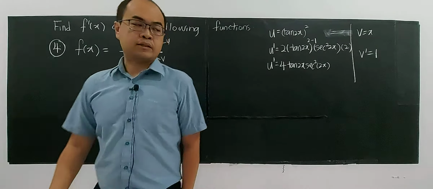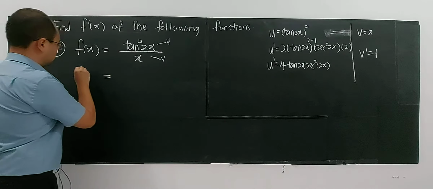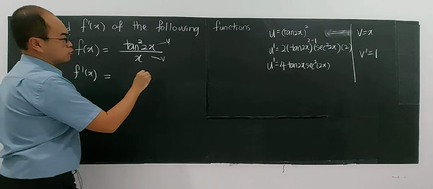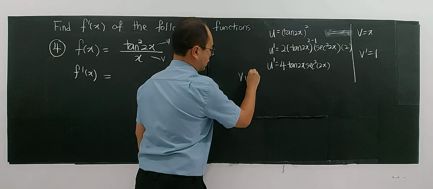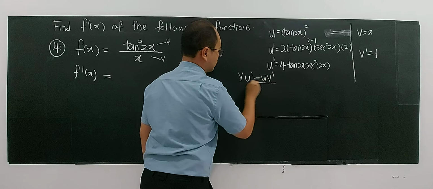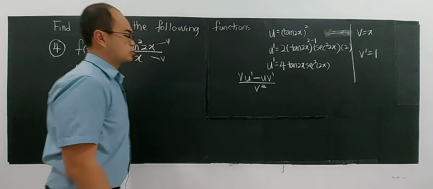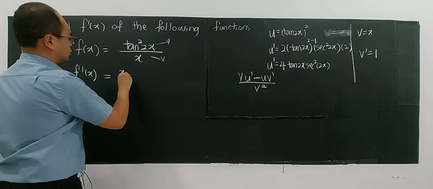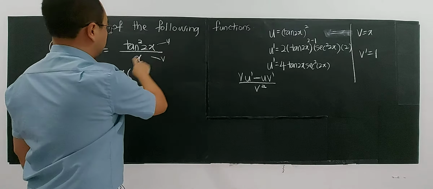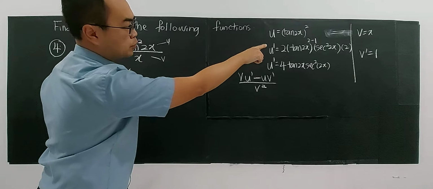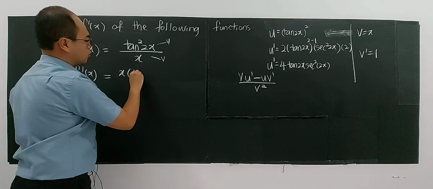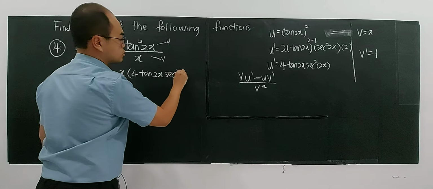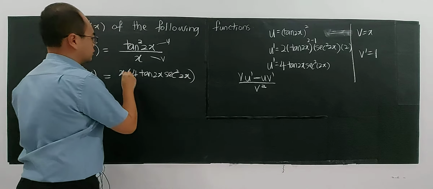Okay, so let's differentiate this. The first derivative. So the formula will be vu prime minus uv prime over v power of 2 for quotient rule. So vu prime, so v is x, u prime, you have 4 tangent 2x secant square 2x.